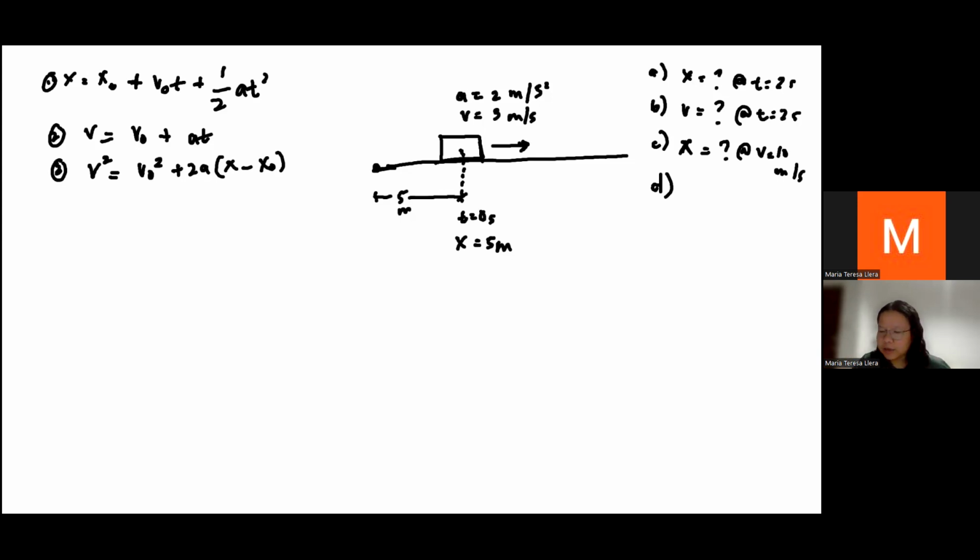I think this point means this x that we're going to solve. So at this x, or at this position, what's the time? How long did it take for the block to get to this x from our third question? Just by looking at the questions, we know that we have the initial position and we have the second position.